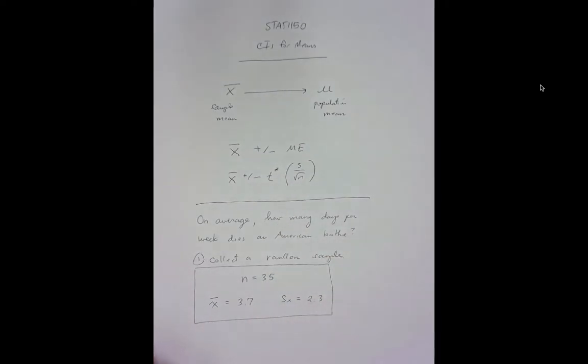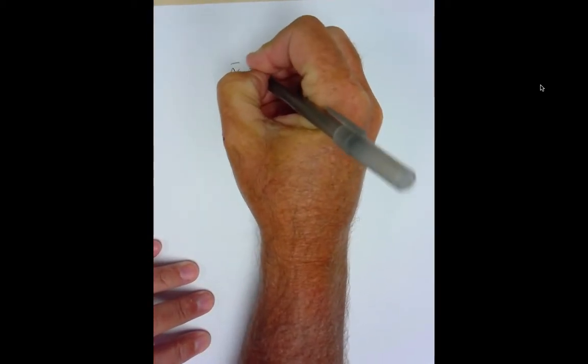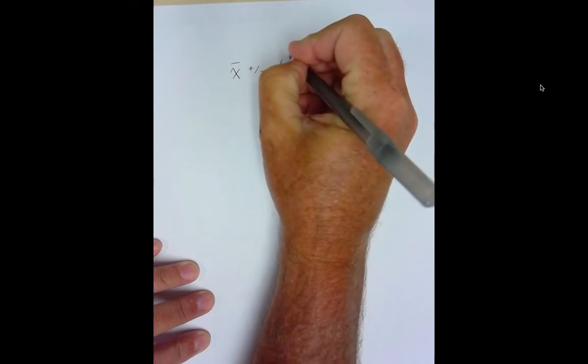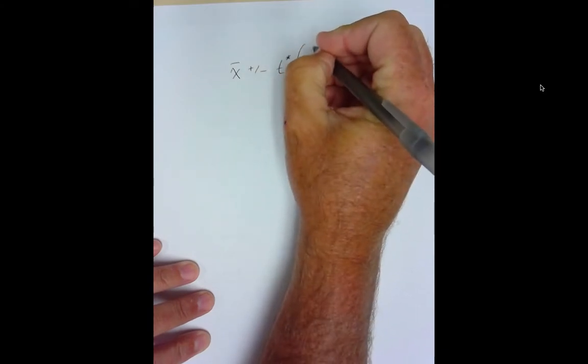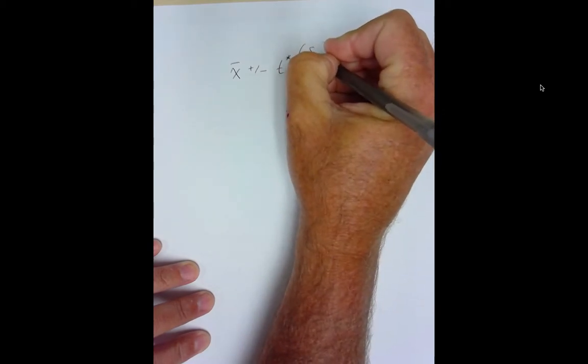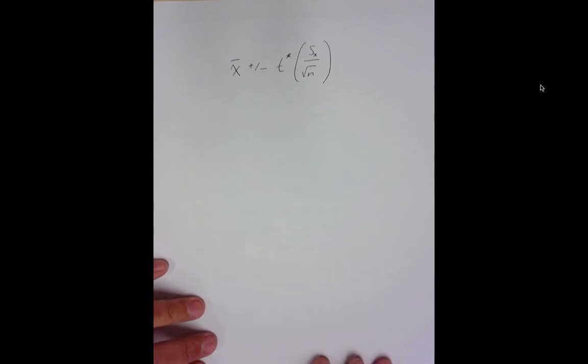Americans. So, guys, in calculating the confidence interval, sometimes I put a little x there. That's fine. That's the same thing as s.